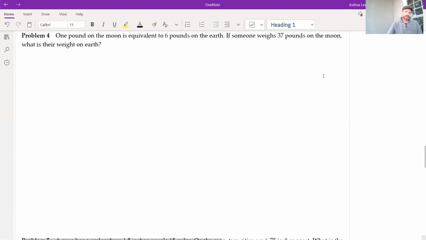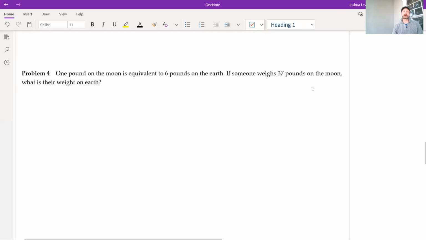Problem 4. So here we're going to apply a proportion. And you've all heard that your weight is different depending on what planet you're on or how far you are from the sun, things like that, or other objects. So we're going to look at the moon versus the Earth. And so we're told that 1 pound on the moon is equivalent to 6 pounds on Earth. That gives me a ratio.